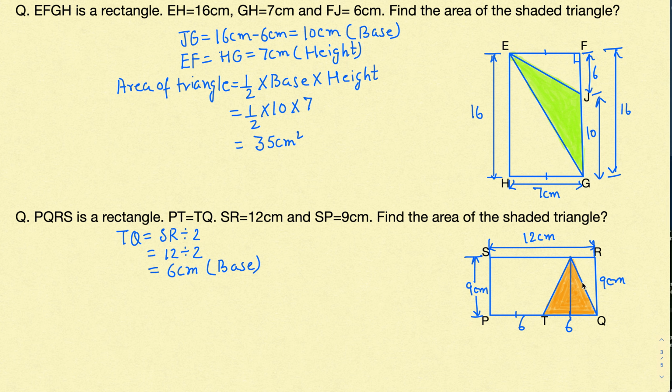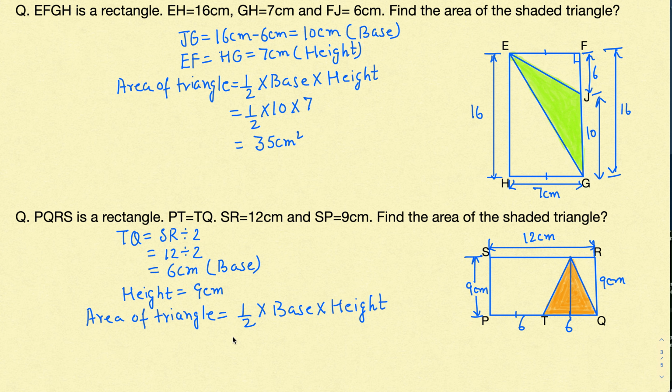So we can say that the height will be also 9 cm, right? Now from here we can easily find the area of the triangle. Okay, so the area of a triangle is the same, half times base times height, right?